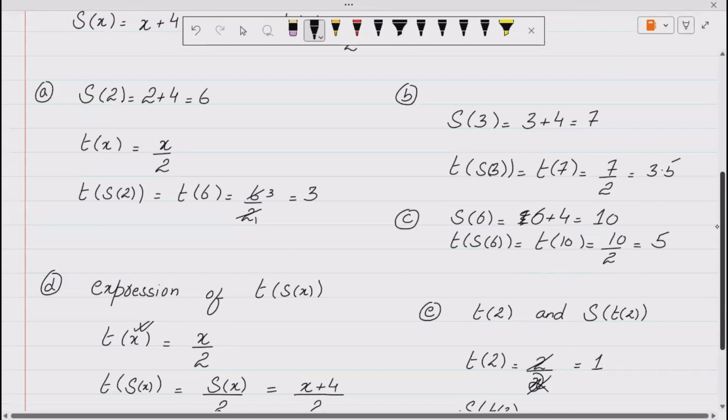For A of B of x, in place of x, I write B of x, so here I write B of x plus 4. So A of B of x is x minus 7 plus 4. I wrote x minus 7 in place of B of x, and I got x minus 3.